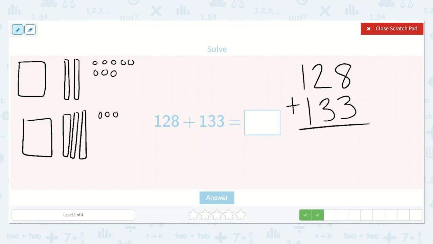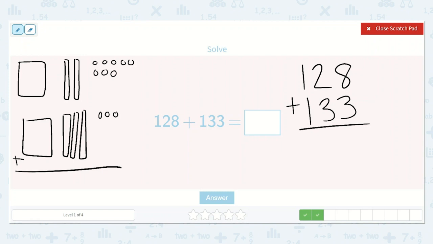Well, I can see we're supposed to add our ones first. So when we do that, we get 1, 2, 3, 4, 5, 6, 7, 8, 9, 10, 11, just like we did over here. But 11 is more than 10.